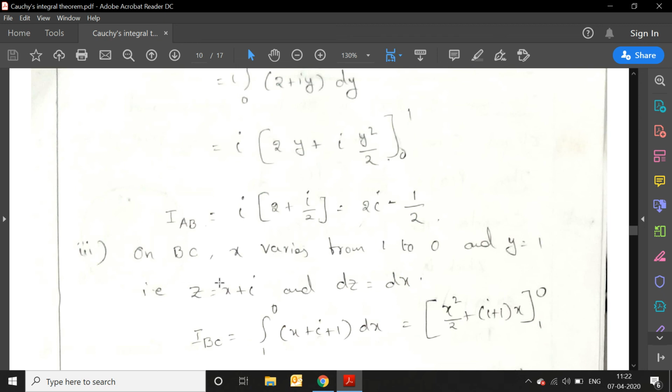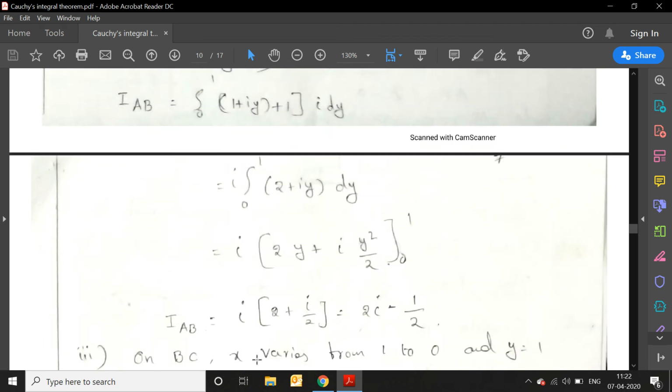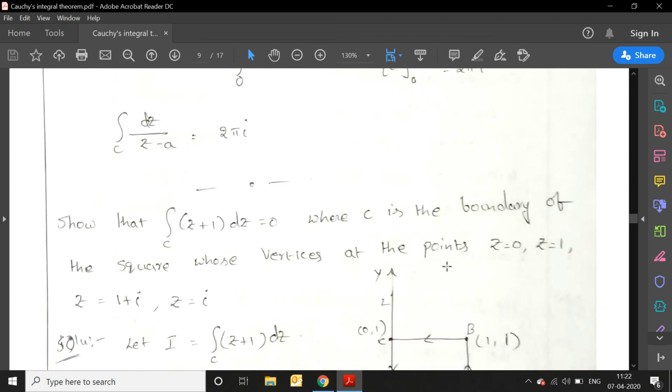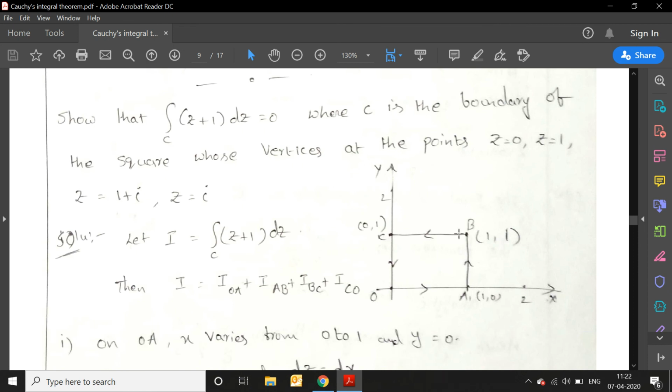Next, on BC, the x-coordinate values are 1 and 0, which means x varies from 1 to 0. On this curve, y is equal to 1. Simply we can identify from the points that the y-coordinate value is 1 at both the points, so we can write y is equal to 1.